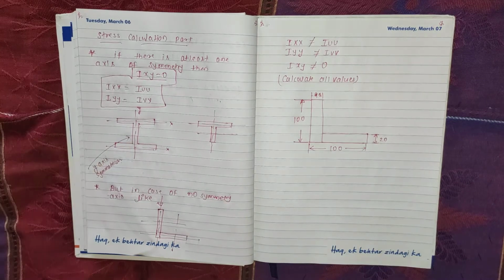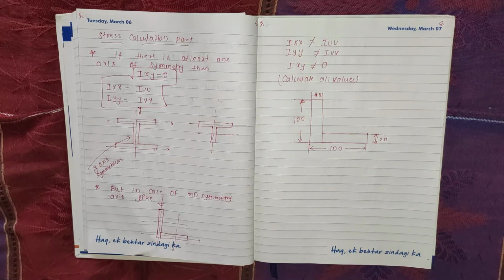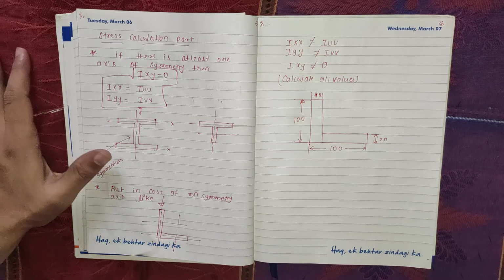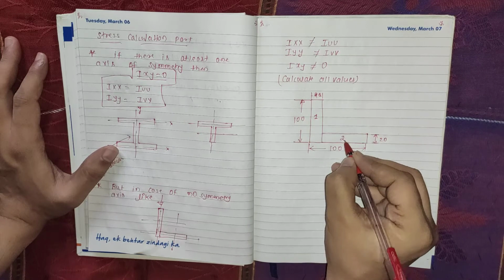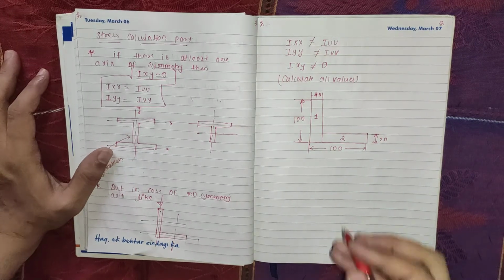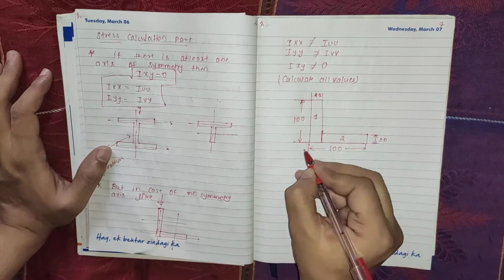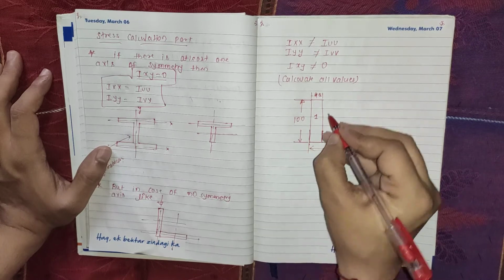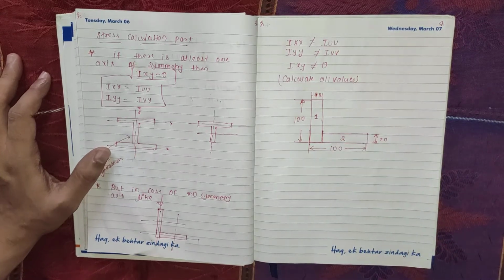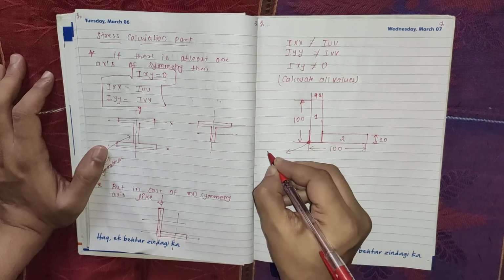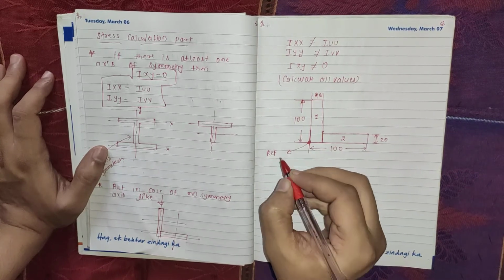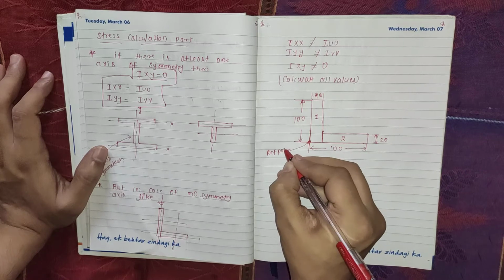Is it clear? Let's say this is area 1 and this is area 2. Let's say this complete portion is area 1. You already know this is the reference point, as I told you in the previous chapter.